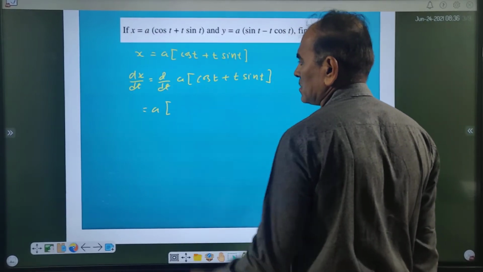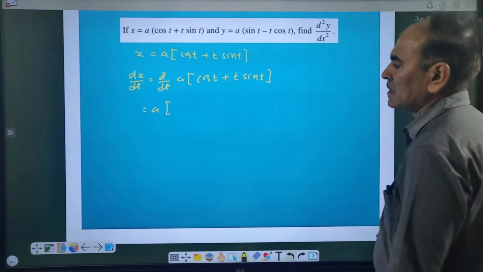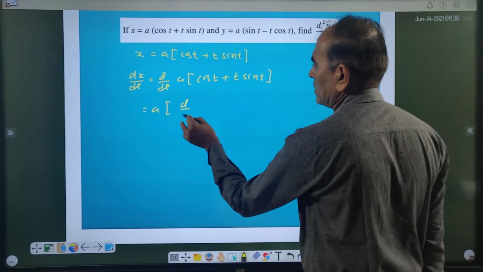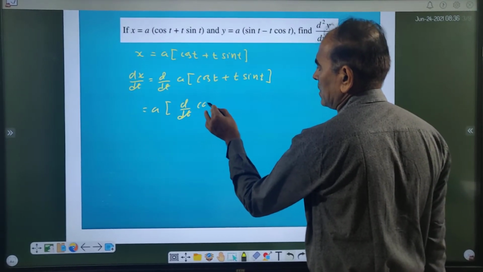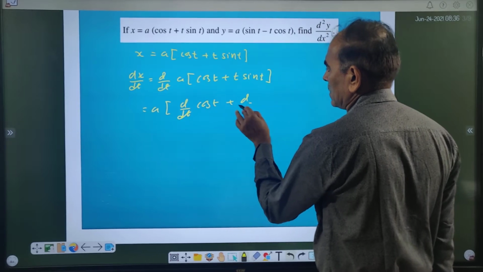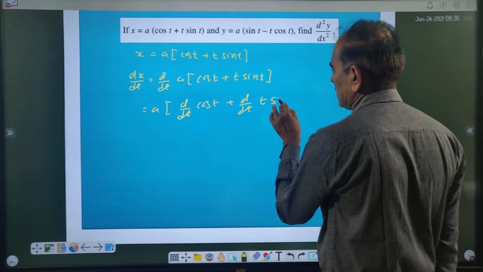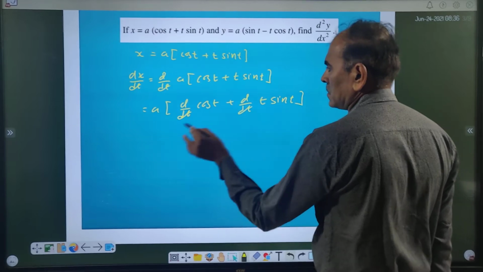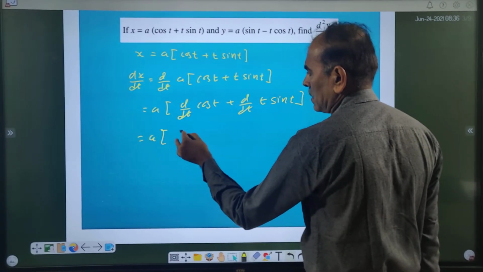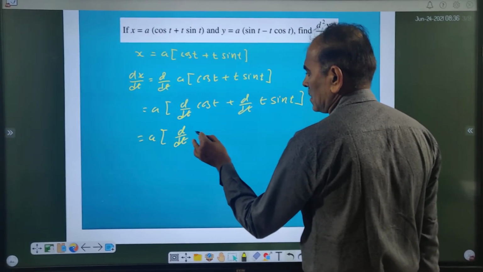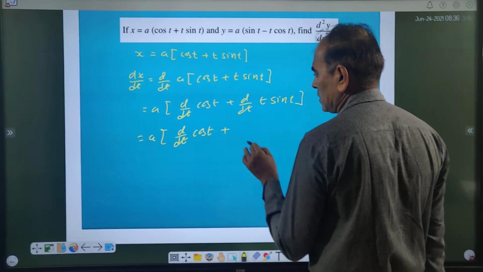A is an outside constant quantity. Now differentiate term by term. That is equal to a of d by dt of cos t as it is.